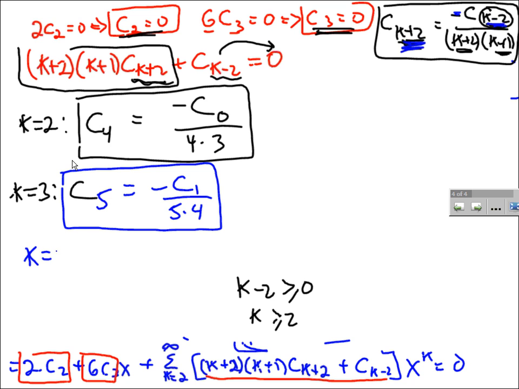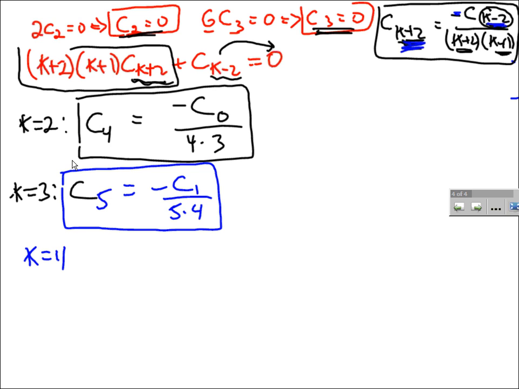Now, when k equals 4, let's see what we get there. And we keep doing this until we see a pattern. When k is 4, then 4 plus 2 is 6. C sub 6 is negative c sub k, where 4 minus 2 is 2, over 4 plus 2 times 4 plus 1.